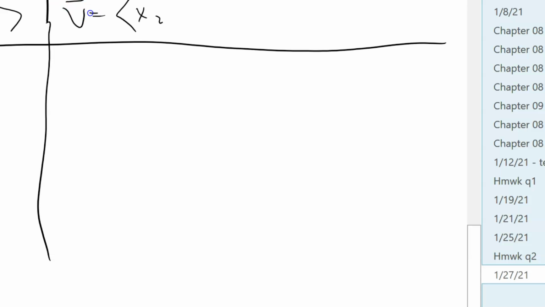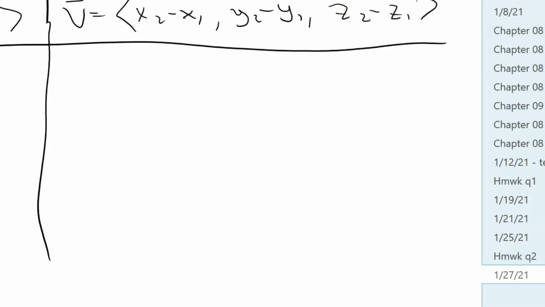And component form is preferable, again, because vector addition is much easier to deal with. So we have linear combination form. This was something else.